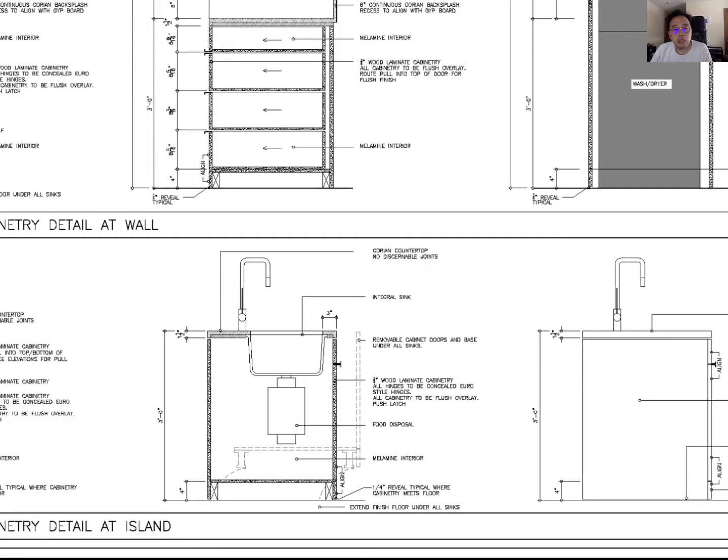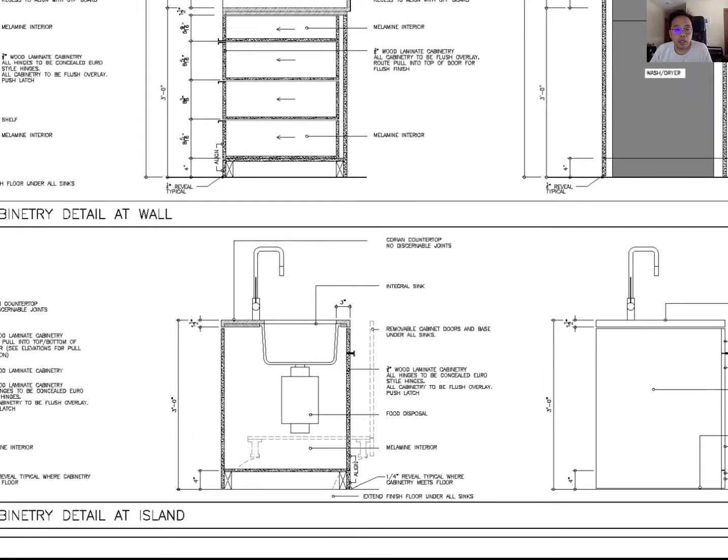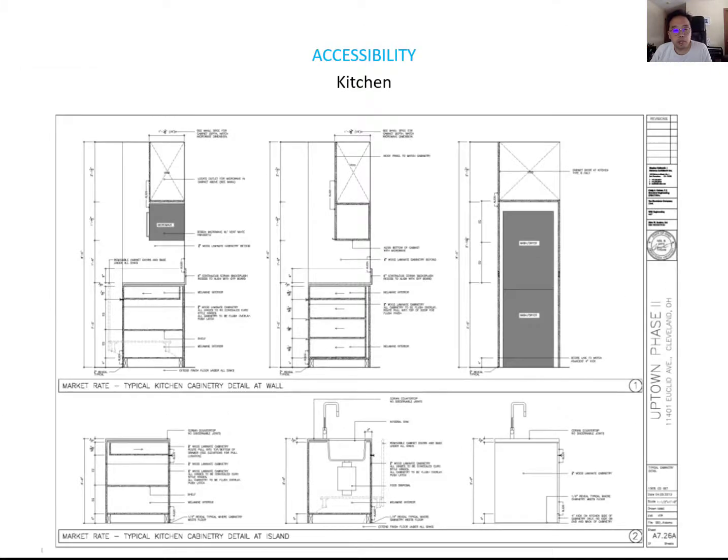So it means if a wheelchair user is a tenant, we have to remove the cabinet and the food disposer, and the wheelchair user can easily access under the cabinet to use this sink. Depending on the user, you can remove the under cabinet or put the cabinet back. So you can propose a more adjustable kind of furniture design for the space. All these dimensions are basically from what we learned today.